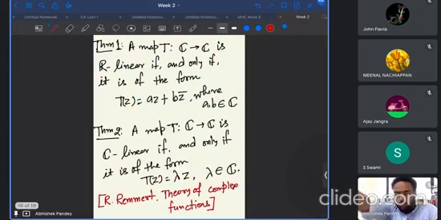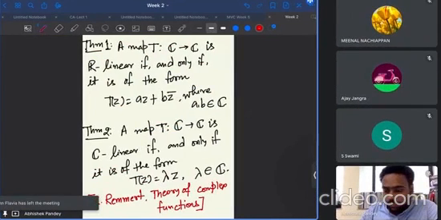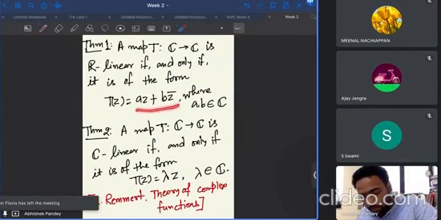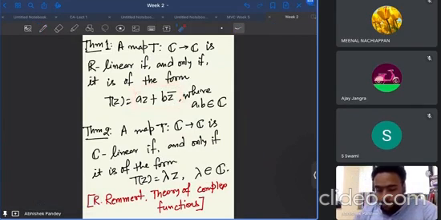So basically what we will see is that once you have a complex function, that complex function can always be written in this form, Az plus Bz bar. If it can be written in this form, then that function will be said to be R differentiable. If you recall the definition of differentiability in several variables, there we need existence of a linear function.